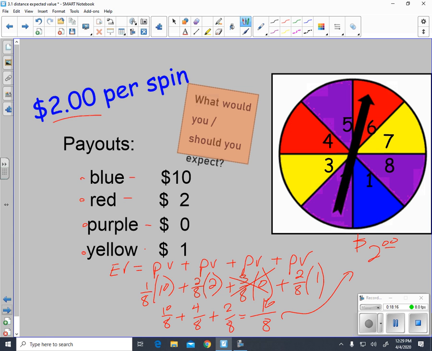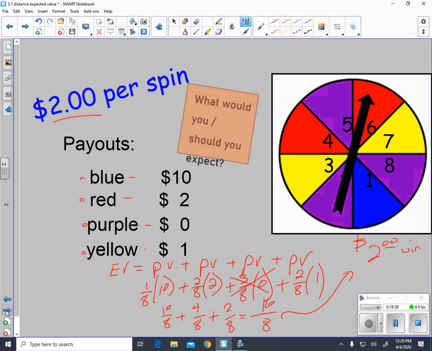So my expected value is that I would win $2 on average as I play the game. Now that's an average. Sometimes I'd win 10, sometimes I'd win 2, sometimes I'd win 0, sometimes 1. But on average, I'd win $2.